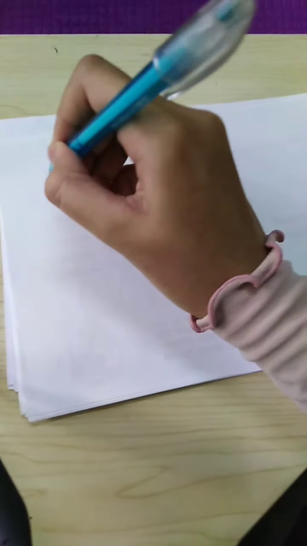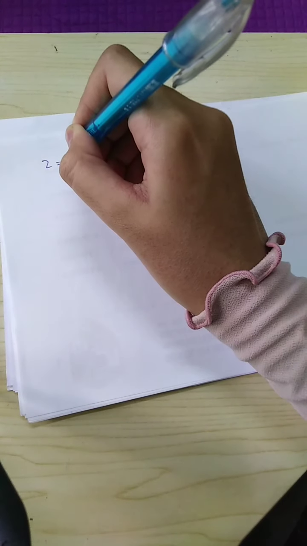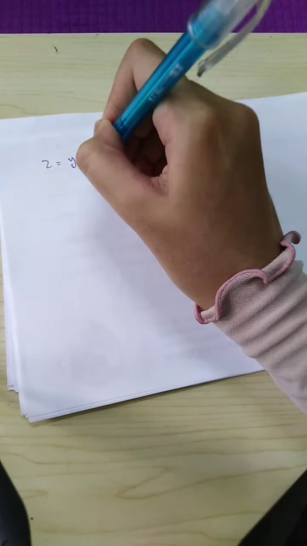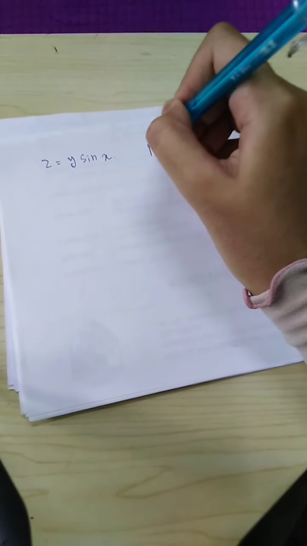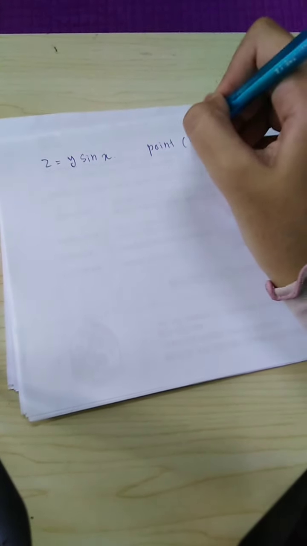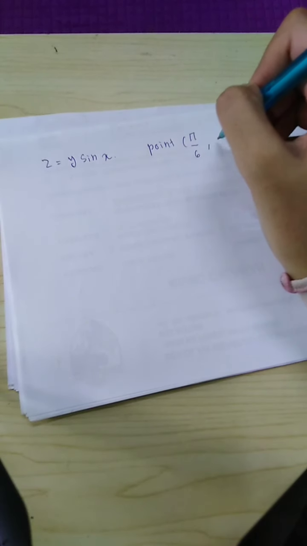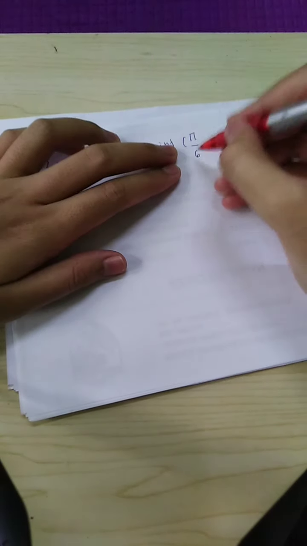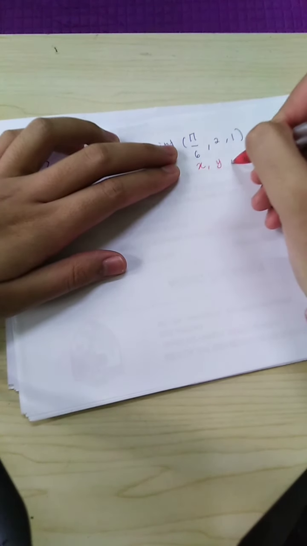We have the surface z equals y sine s, and we have the point (pi over 6, 2, 1). Let's note that these are s, y and z.